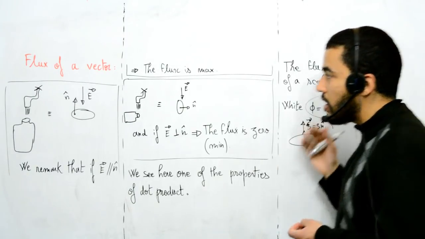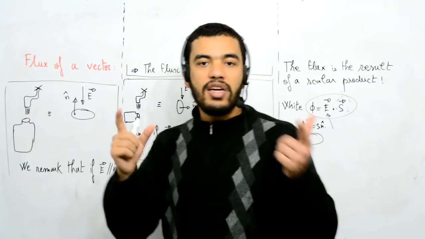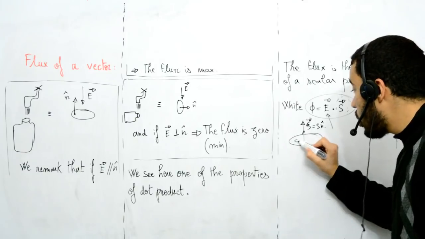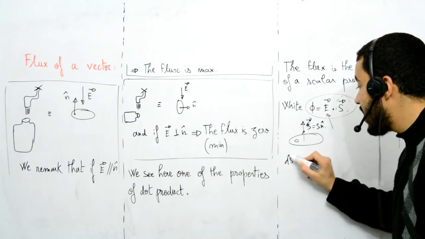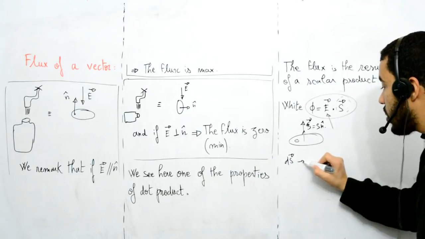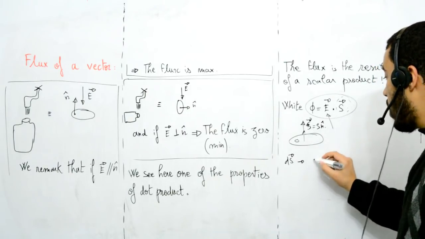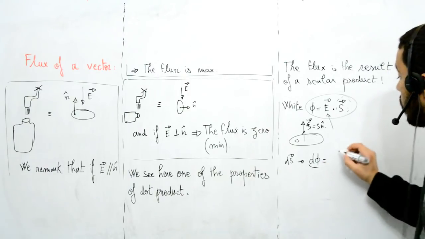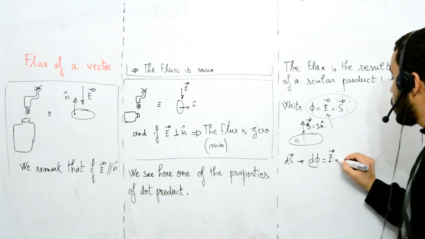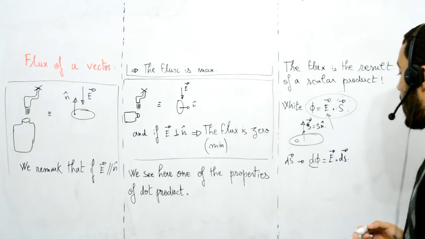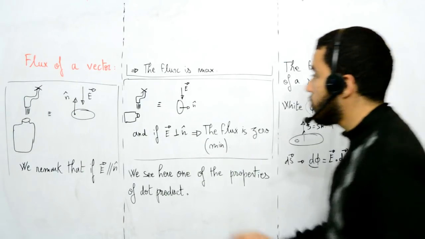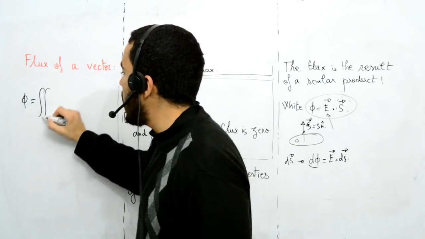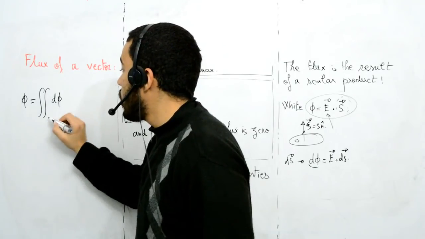To generalize this expression, we consider a very small surface. So we consider, for example, here a very small oriented surface called dS. In this situation, we have an elementary flux, d phi, a very small flux, equals E dot dS. And phi is quite simply the double integral of d phi over the surface.